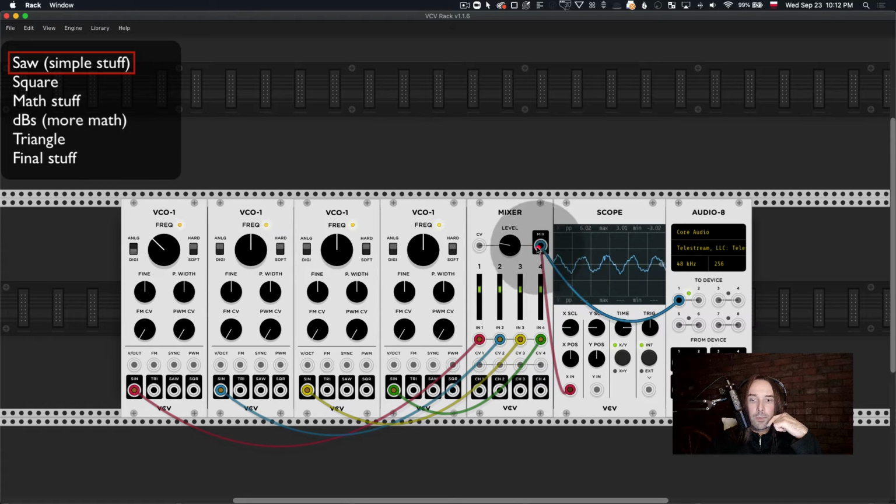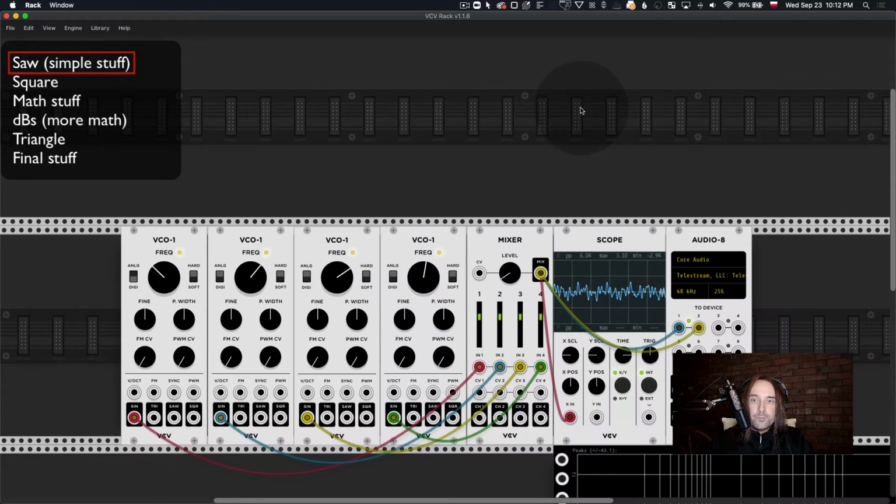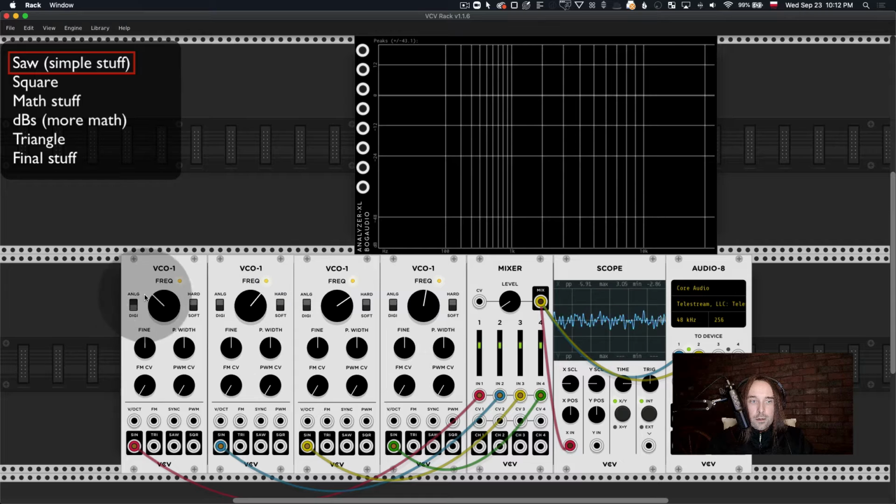So I'm a bit cautious because I don't want to be too loud, as you can see. So this is our waveform. Right, it's a mess. Now, when we look at that from this perspective, it's actually not a mess.